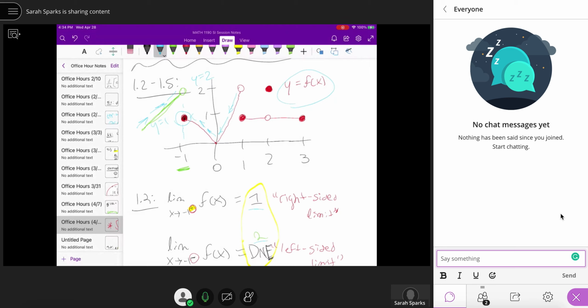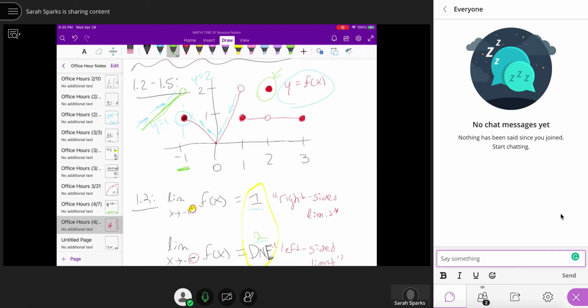Okay. So you see this lone circle up here? This is meant to trick you. You will not have a limit approaching that number simply because there's no function that's going towards it. There's no lines coming from that circle.